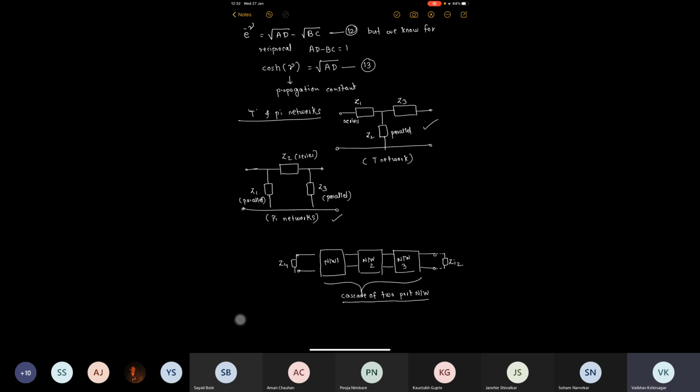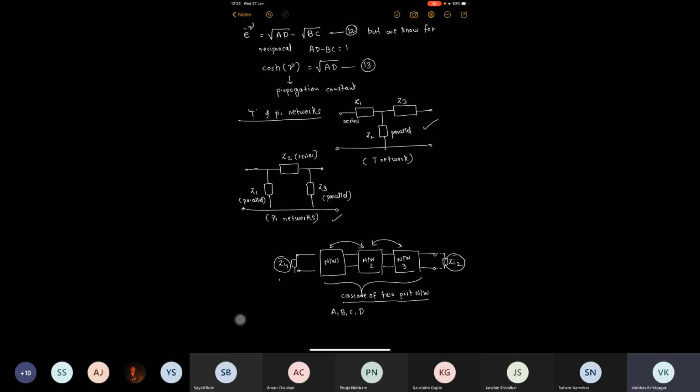Whenever we want to combine these networks with each other in the cascaded configuration, ABCD parameters are most conveniently and commonly used, and that's why we have analyzed the image impedances Zi1 and Zi2 in terms of ABCD transmission parameters.